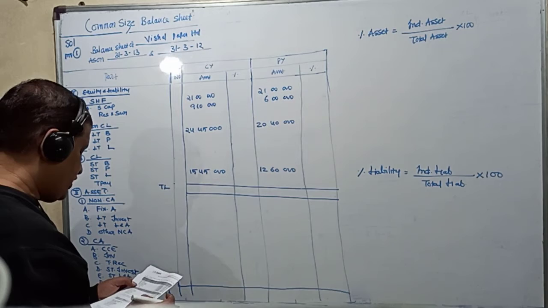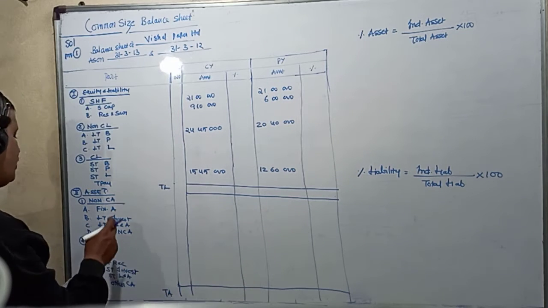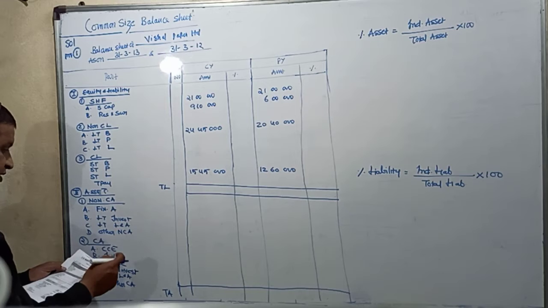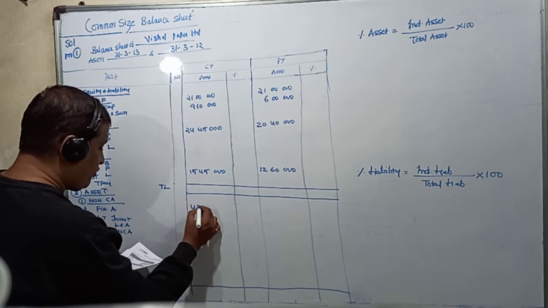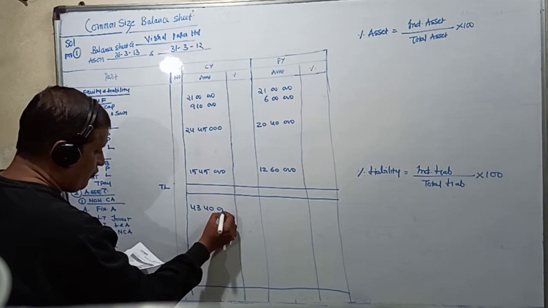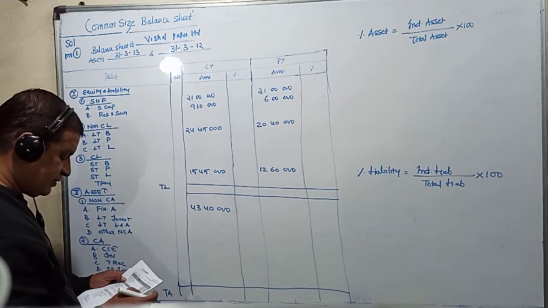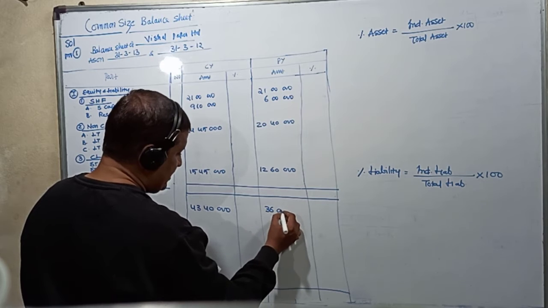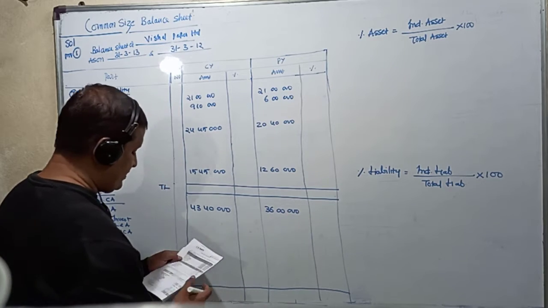Then we'll go for non-current assets. We'll assume this non-current asset to be fixed assets. So this is 43,40,000, and for the previous year it is 36 lakhs.